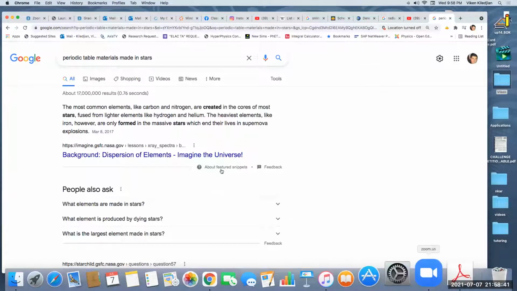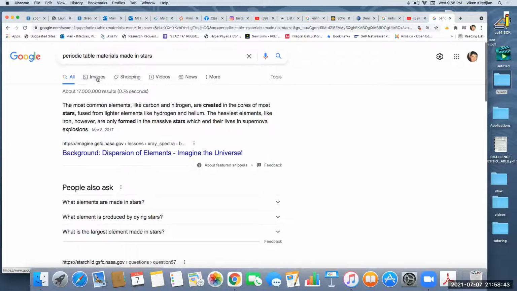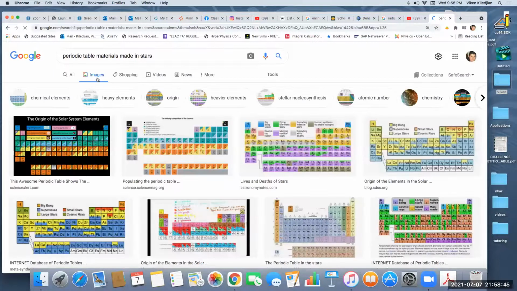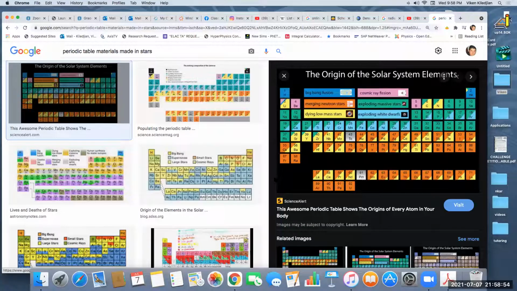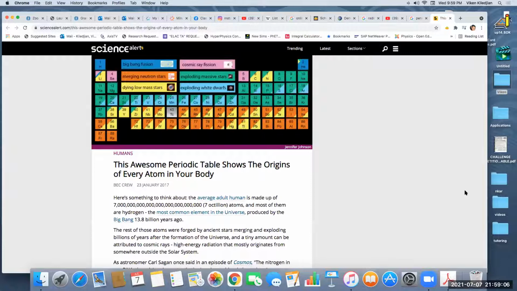I know that there is a chart on this, and it tells you where each of the materials is made. Yes, I love this one. I've seen this one before. So notice this here, blue. I want to expand on this.